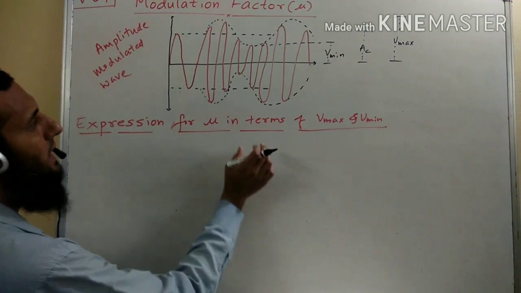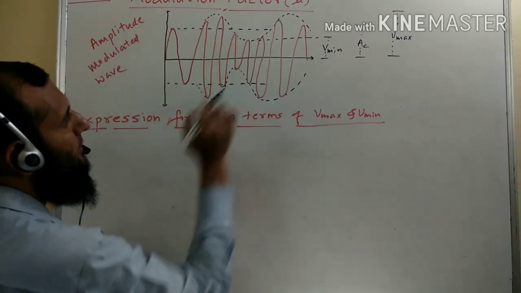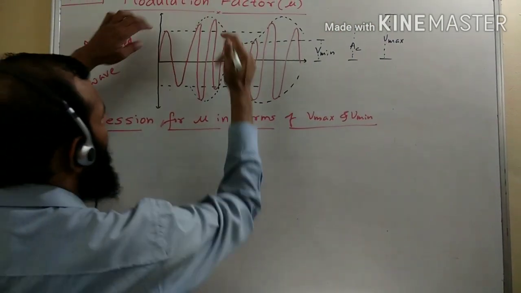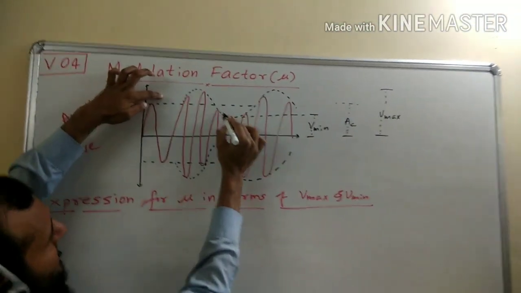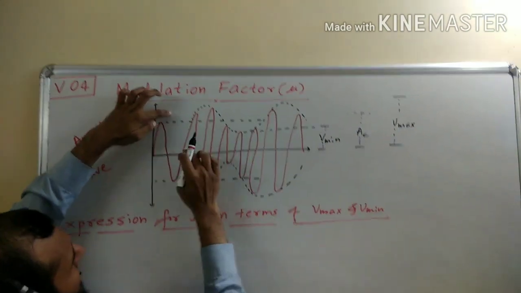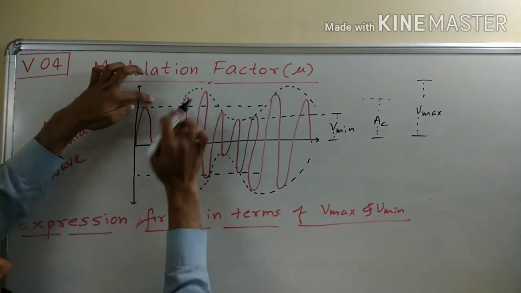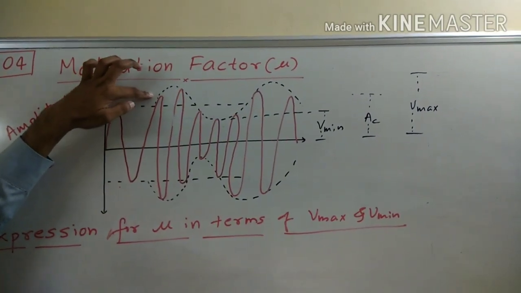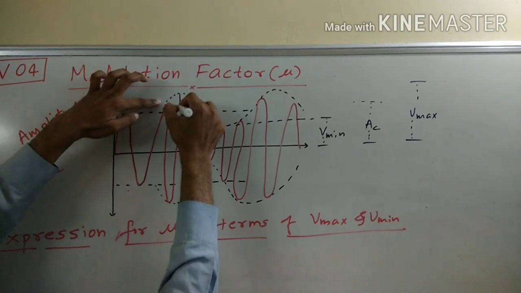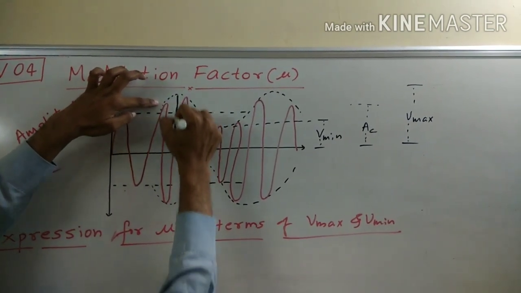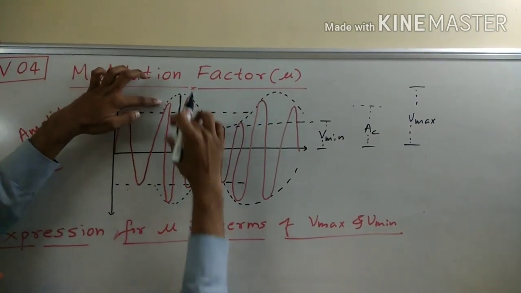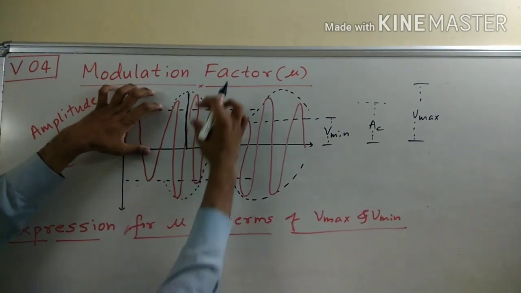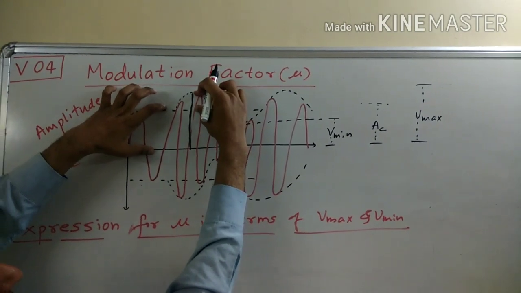If we look at the amplitude modulated wave, the dotted lines are our message signal and this one is the carrier wave. If you look at V maximum, this distance is from here to here plus this one. From here to here is the amplitude of the carrier wave and this portion is the amplitude of the message signal.